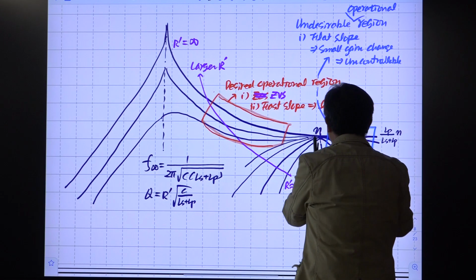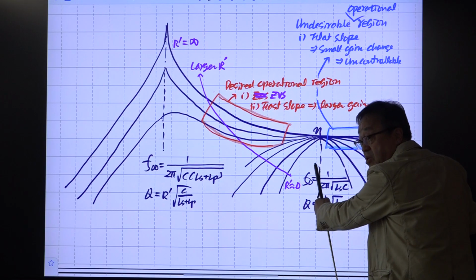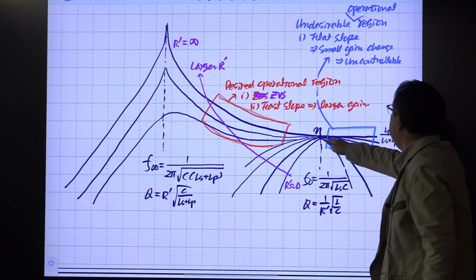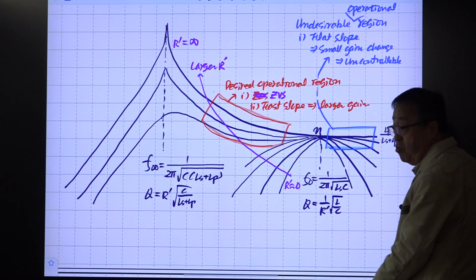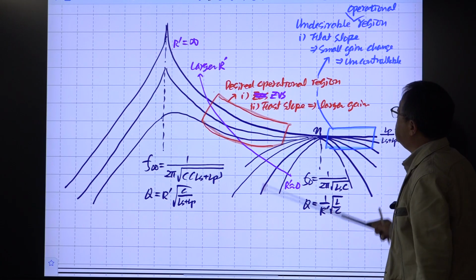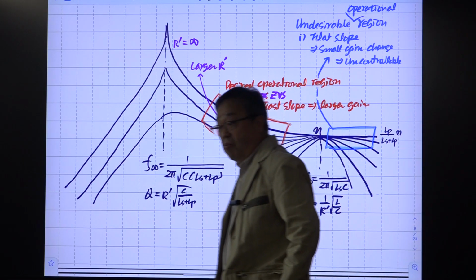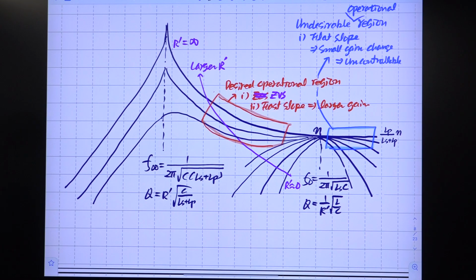But in here, you should change the frequency this much, or it is even impossible to change the gain because the slope is very slow. So this is the desired region of this LLC converter. I think I asked this question maybe last week, so now I'm answering that question along with the justification of the answer. You should understand this.